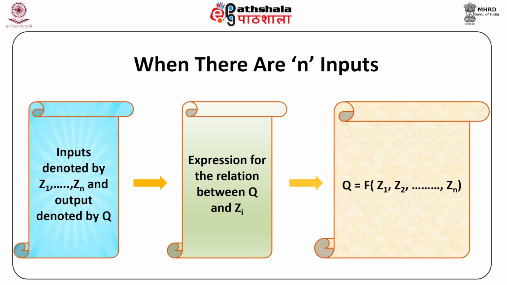Let n inputs be denoted by Z1 till Zn and output be denoted as Q, then we can express the relationship between Q and the Zi in the following equation. Q is a function of Z1, Z2 till Zn.